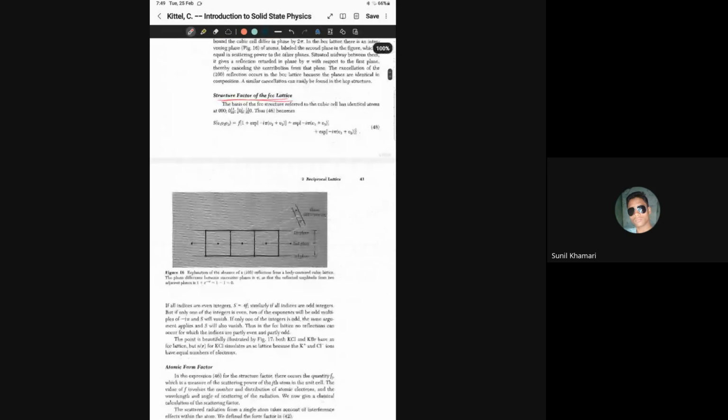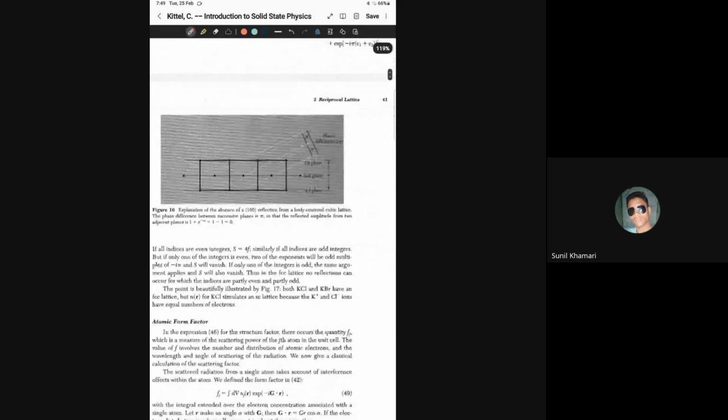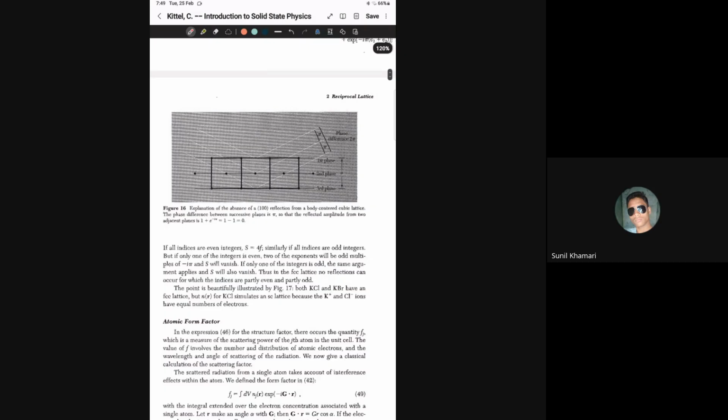And this is important: if all indices are even integers, then S is equal to 4f. If all indices are odd integers, or if only one of the integers is even, two of the exponents will be odd, multiplying with this one, so S will vanish.